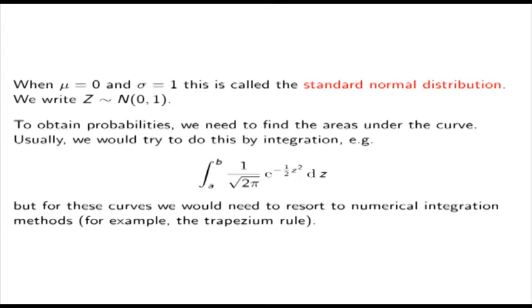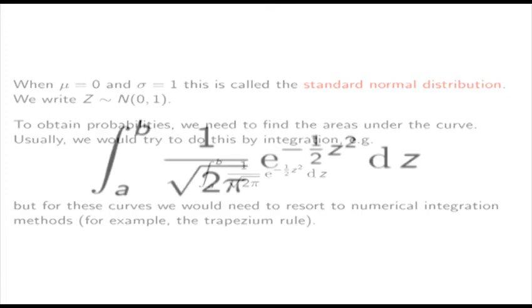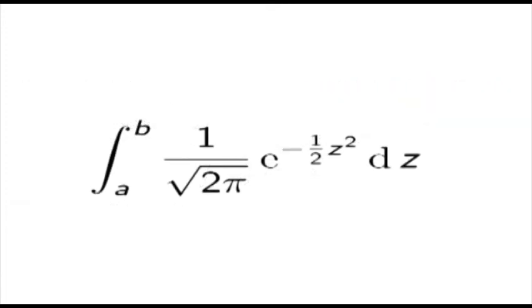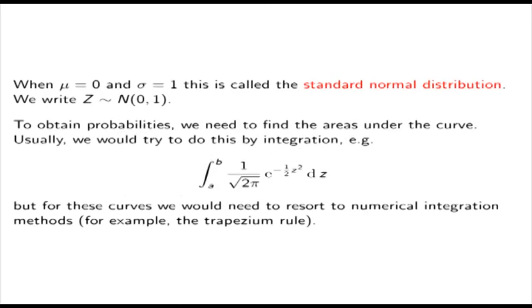So the function of the curve is given by this, at first sight, quite complicated formula, 1 over the square root of 2 pi times e, or the exponential of minus a half z squared, and we integrate that over z between the limits a and b. Remember, the total area under the curve is equal to 1, and so for certain values of a and b, we could work it out. So if a was minus infinity and b was plus infinity, then we'd know the answer, but that's not usually very interesting.